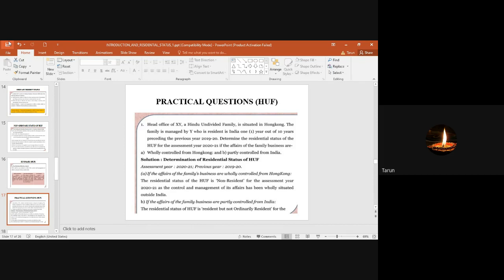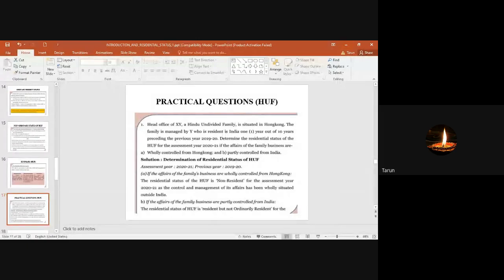So for the A part of the question, the solution is non-resident for the assessment year 2020-21. The reason is already given to you, because the control and management of all the affairs of its business is situated outside India.